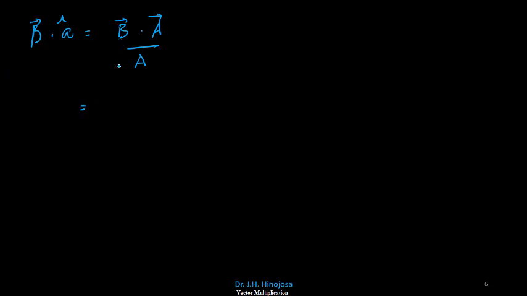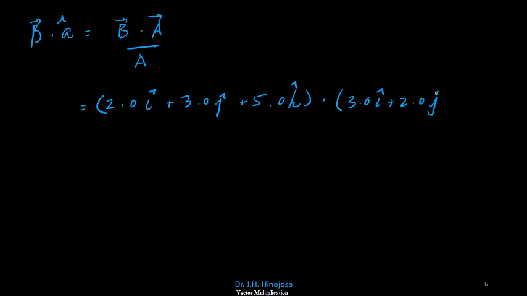So we write then vector b, which is 2.0 i, we said, plus 3.0 j plus 5.0 k. That's vector b dotted into vector a, and vector a is 3.0 i plus 2.0 j minus 3.0 k, and we divide the whole thing by the magnitude of a, and a is 3i plus 2j minus 3k.